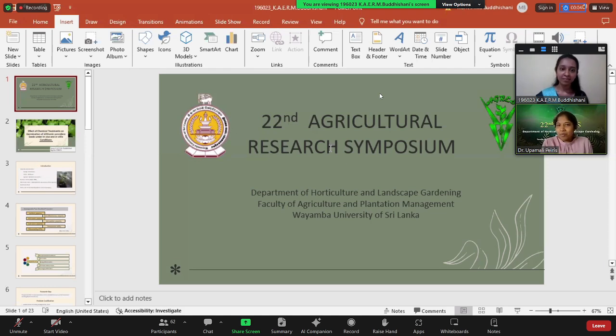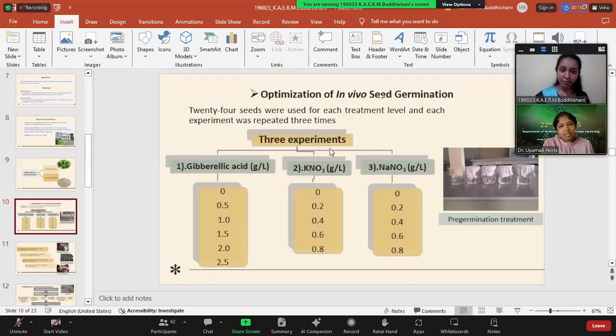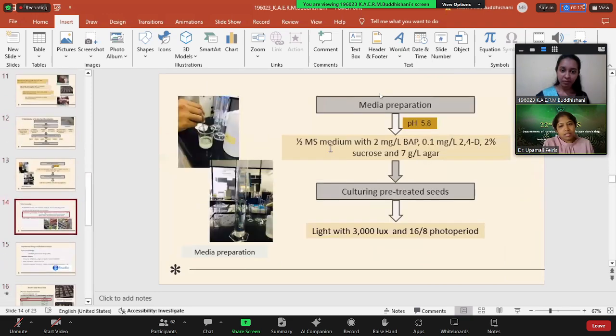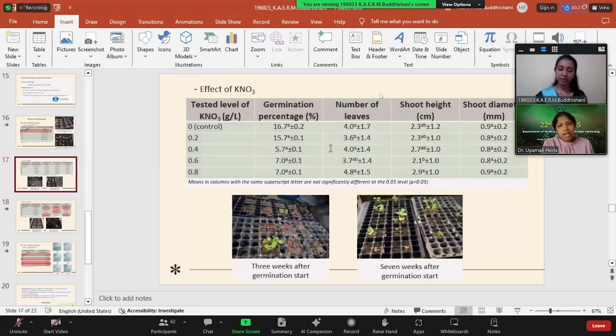So why didn't you talk about potassium nitrate at the end? Can you go back to the potassium nitrate results slide, please? Don't you see any difference in the shoot height and number of leaves? You said there's no impact on any of these by potassium nitrate, right?